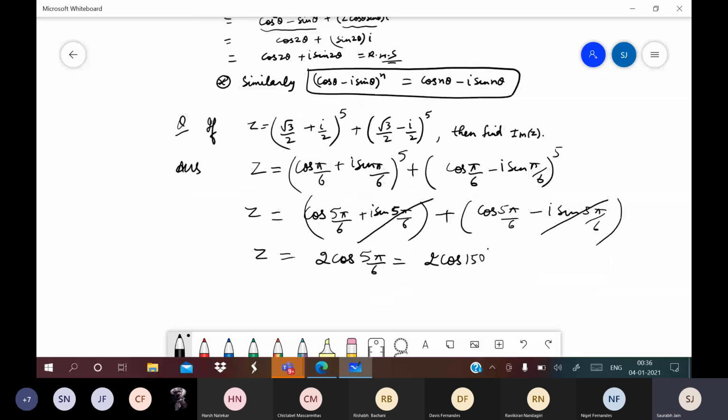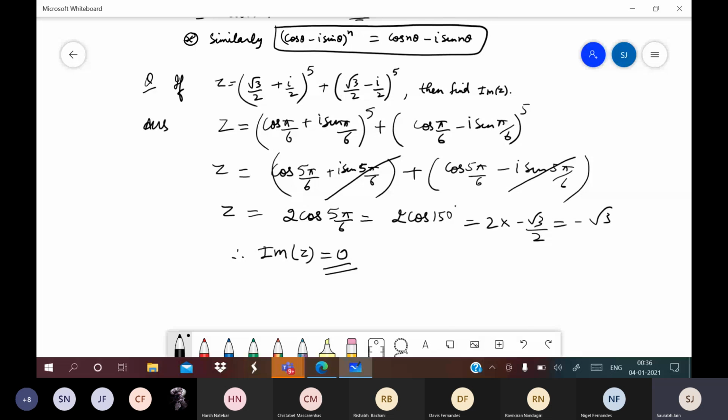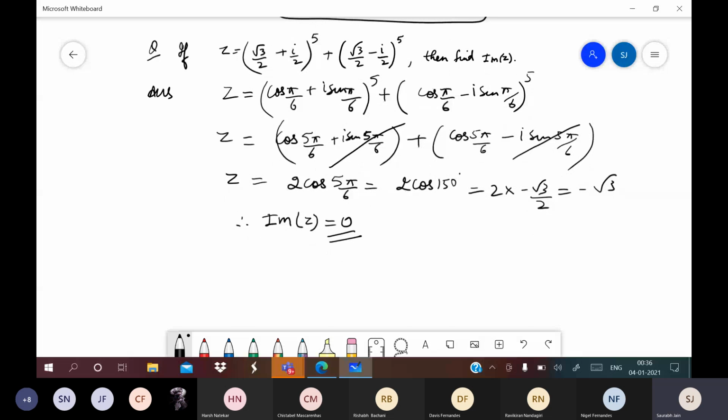If you want, you can write it. Okay. That value will come out to be minus root 3 by 2. Use trigonometry. Okay, minus root 3 is the answer, which is a purely real number. So what about the imaginary part of z? 0, right? Because it can be written as minus root 3 plus iota 0. That is why. Okay. So that was one question based on de Moivre's theorem.